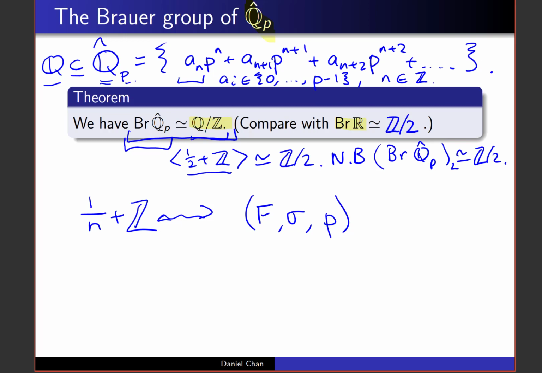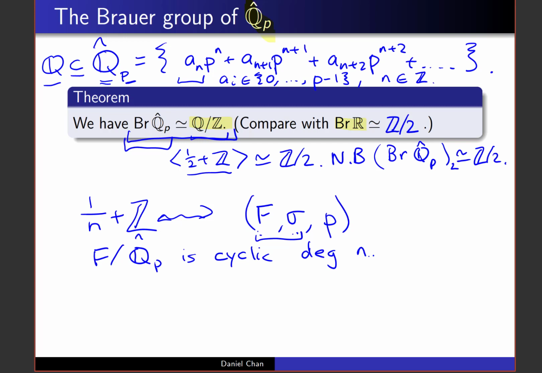So p is this prime here, and you need this to be a cyclic extension, and you need an element sigma. So F over Q hat p is cyclic of degree n. To understand this explanation, you'll need to know a little bit about number theory and Galois theory.